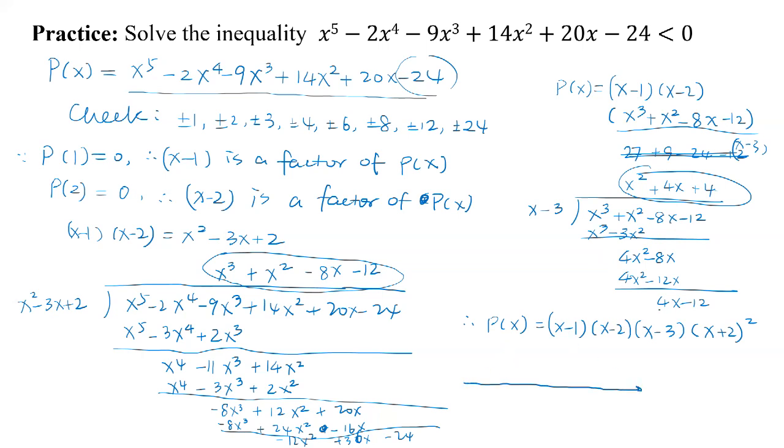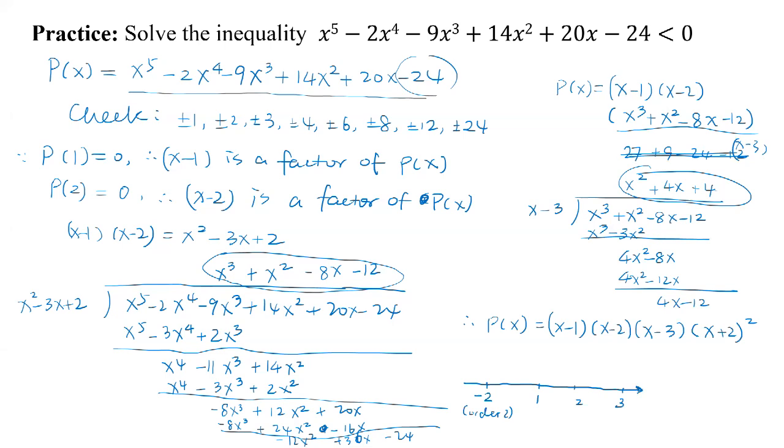Okay, so p(x) has 4 zeros. First, a zero of minus 2 with order of 2, right? So order 2. And then 1, 2, 3, right?